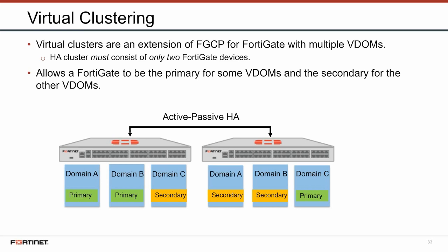Because traffic from different VDOMs can go to different primary FortiGates, you can use virtual clustering to manually distribute your traffic between the two cluster devices and allow the failover mechanism for each VDOM between two FortiGates. Note: you can configure virtual clustering between only two FortiGate devices with multiple VDOMs.